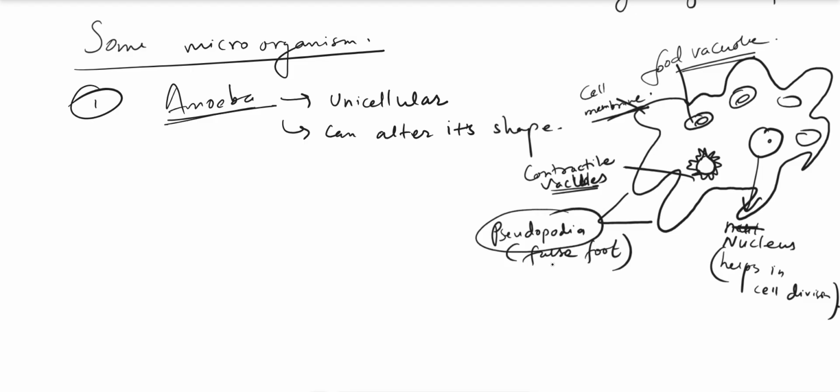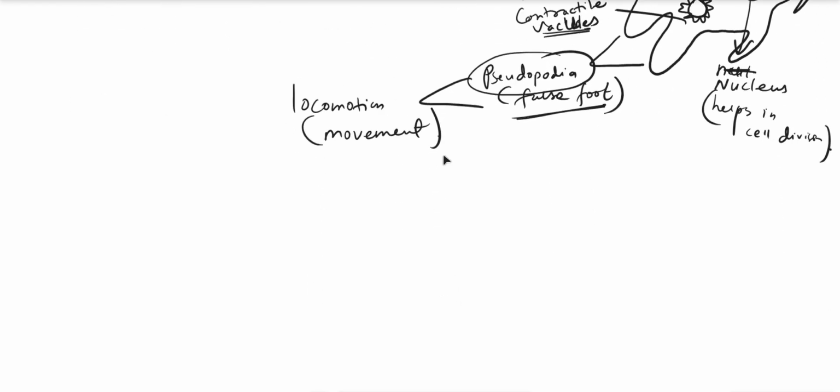Now the pseudopodia is also known as false foot, which helps in locomotion. Locomotion means movement. Now, what are the effects of amoeba? The amoeba has a harmful effect on different living organisms.